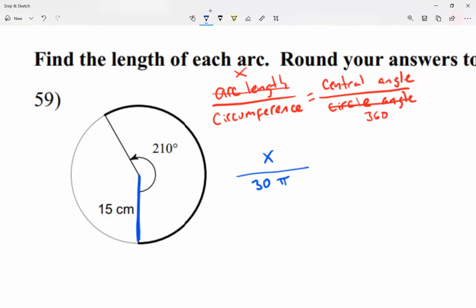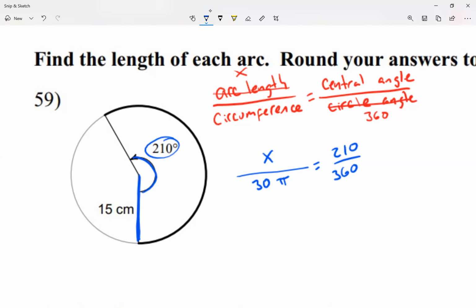The radius was 15, so the circumference is 30 times pi. The 30 is because I went radius times 2. If they were to give me the diameter, that's basically what I need, diameter times pi. The central angle in this case is 210, over 360.